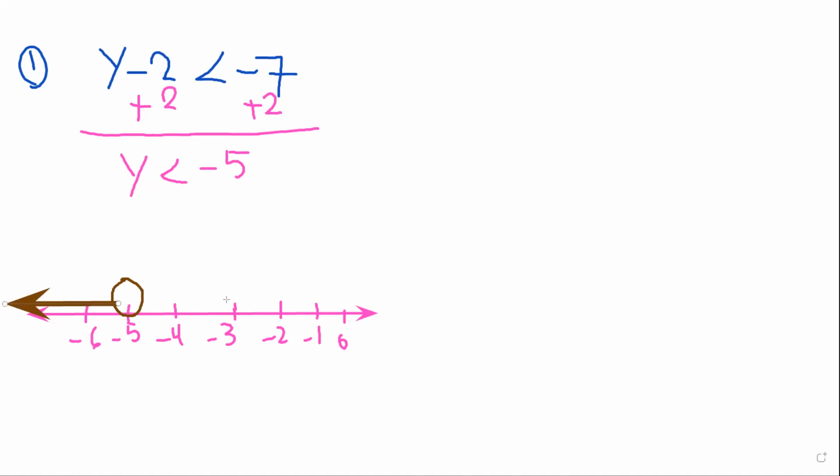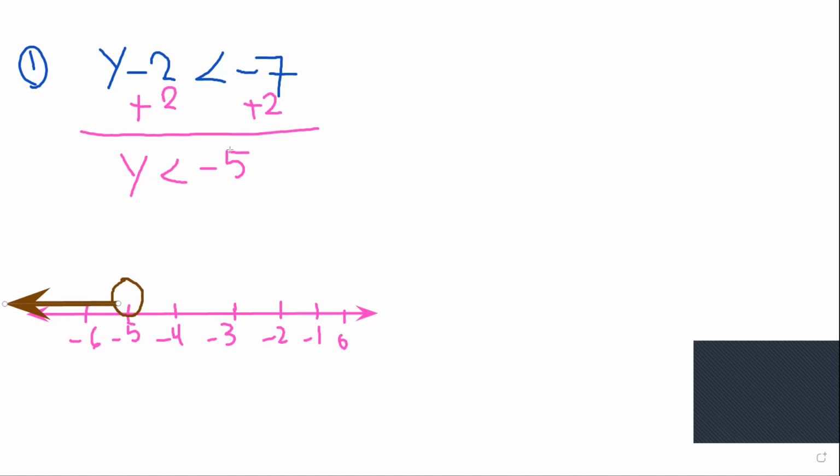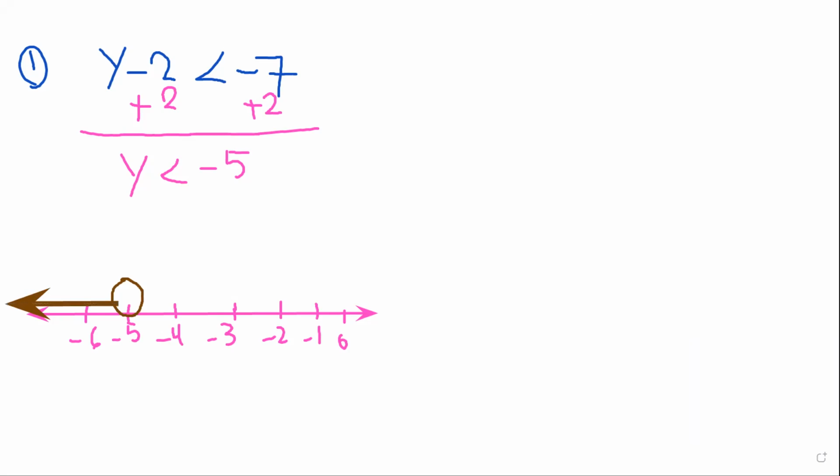Starting from negative 5, there is no equal sign, so it will be an open circle, and y is less than negative 5. And you know, in the negative numbers, everything will be different. Negative 6 is less than negative 5. So this is the direction of the solution. Is it clear, number 1? Yes. Okay.